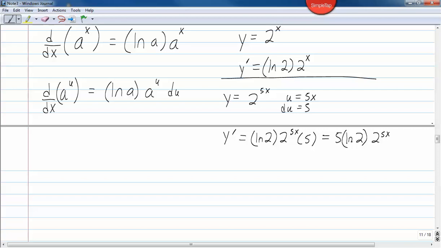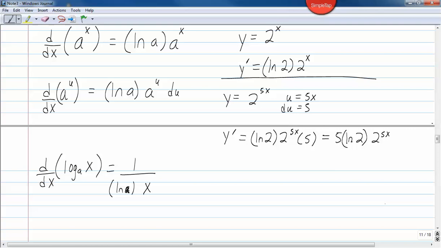Alright, so that's how you take the derivative of something other than e to the x power, some variable power. Now, if we want to take the derivative of log base a of x, that's equal to 1 over natural log of a times x.